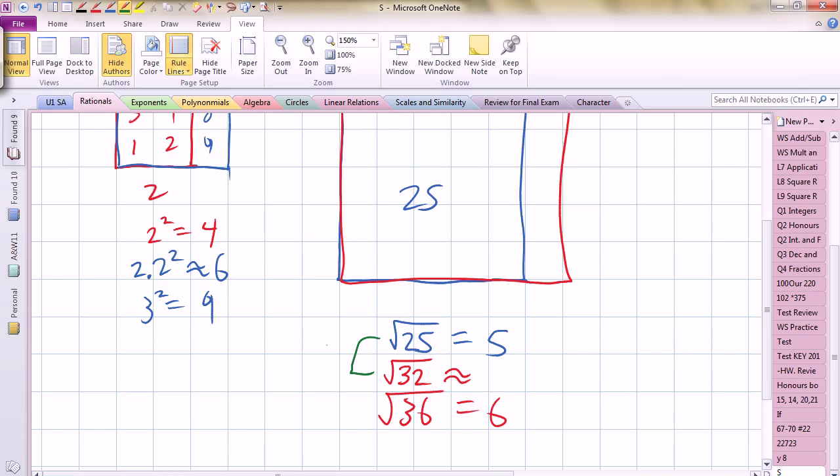So you need to know that. So are we closer to the square root of 36 or closer to the square root of 25? Yeah, way closer to the 36 square root.